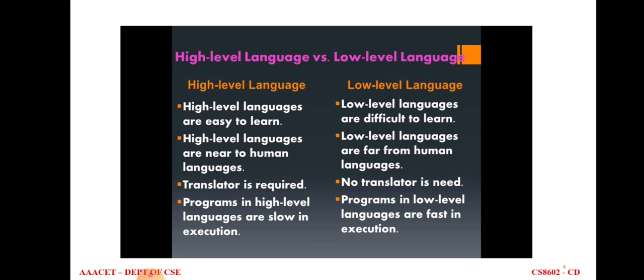High level language requires a translator to convert it into low level language, but low level language needs no translator, because it is already in a form understood by the machine. Programs in high level languages are slow in execution, but for low level language the execution speed is fast.